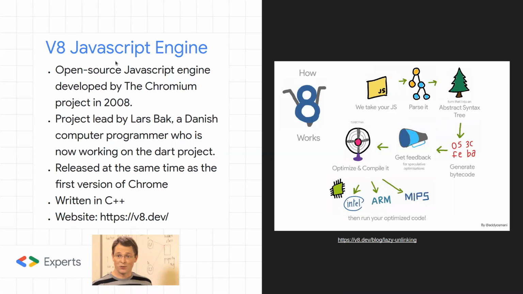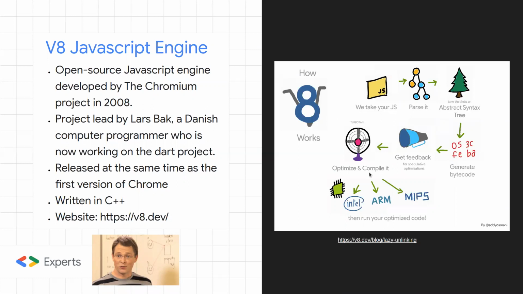I don't want to skip this slide. This is how V8 works internally. V8 takes your code and creates a tree representation of your code, which is basically what we call the syntax tree. And from that tree, it generates a low level representation. And this is actually what the engine runs.